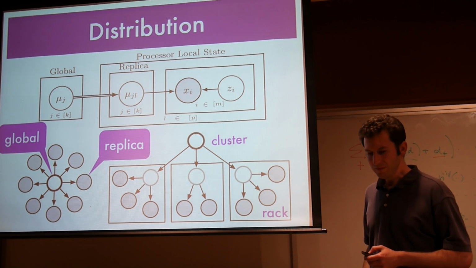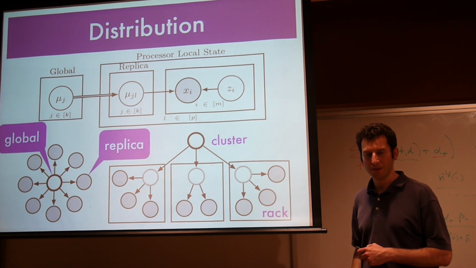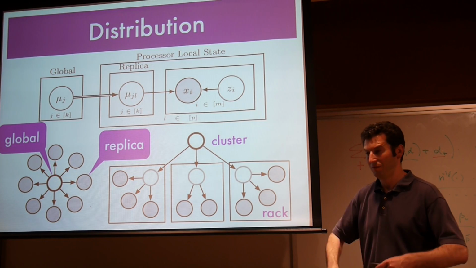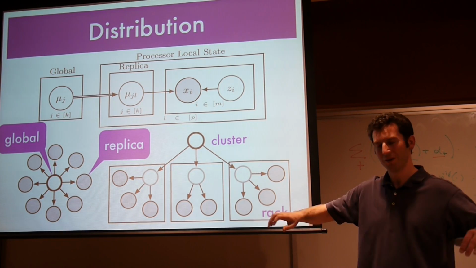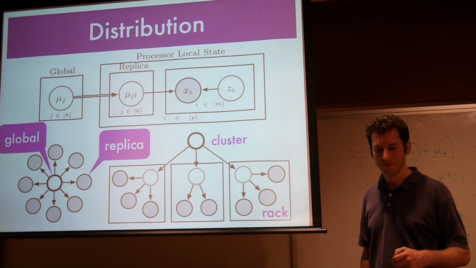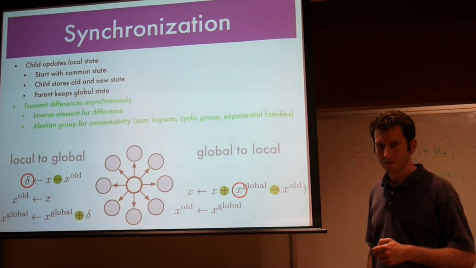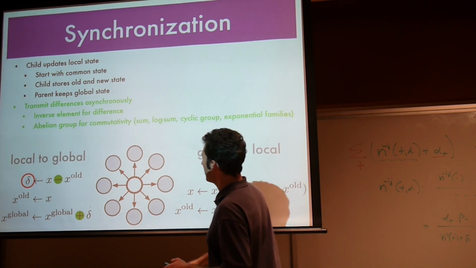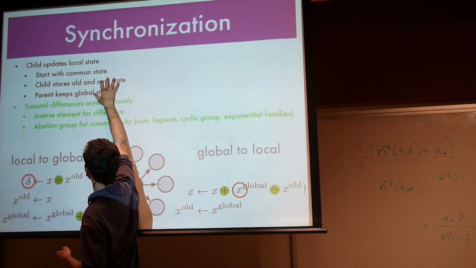Now, how do you actually do synchronization in this case? I just said we have local samples and then we just tie the variables together. So here's what we have. Each machine happily goes on, adds samples.